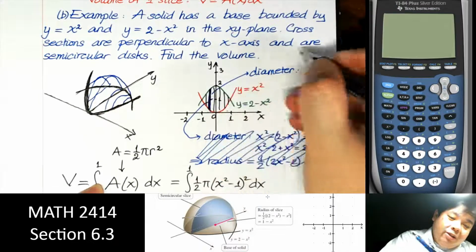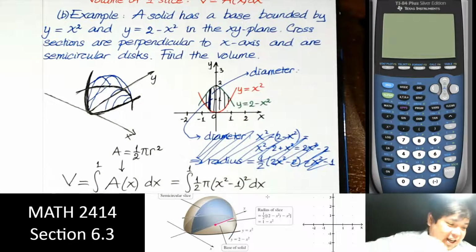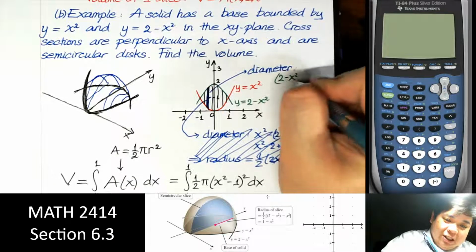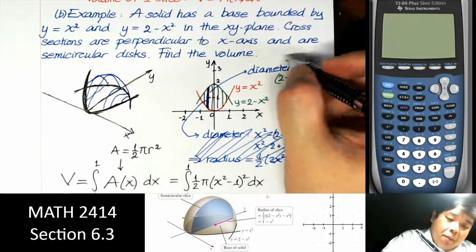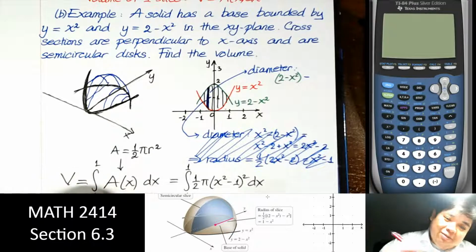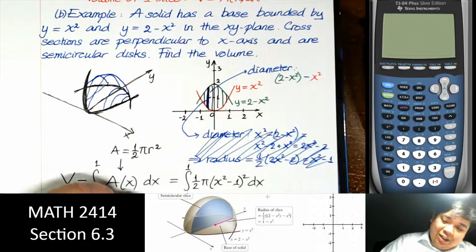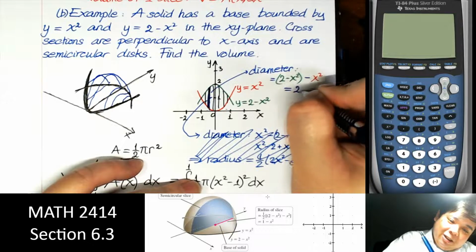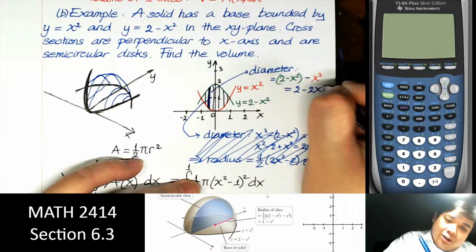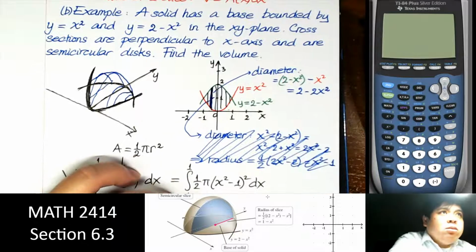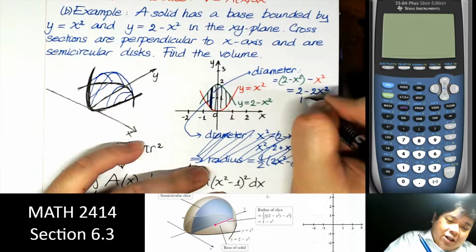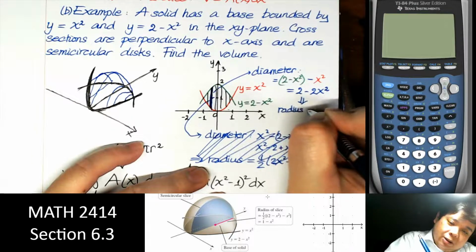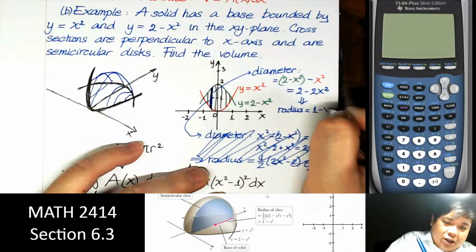The function above, that's why all the color code is for the function above, minus the function below. And with that, the radius is 1 minus x squared.